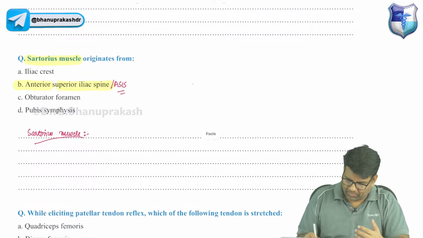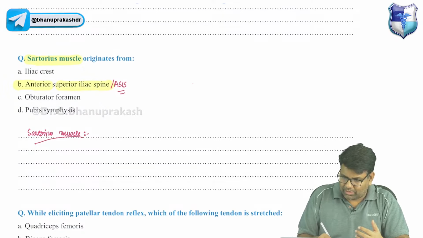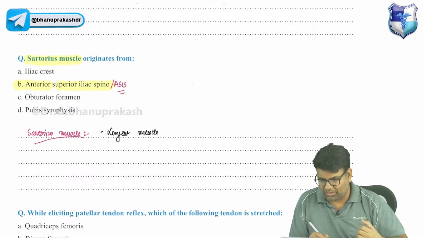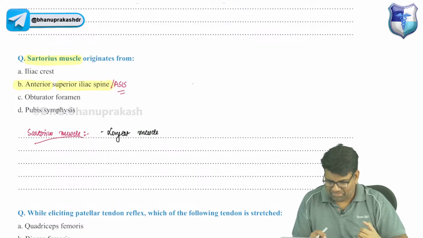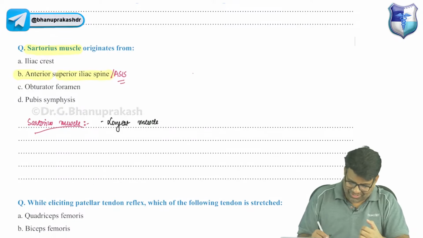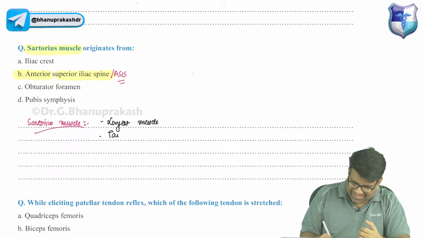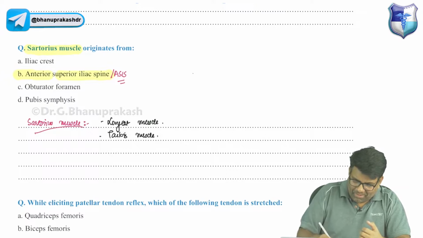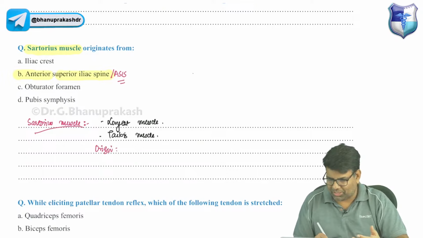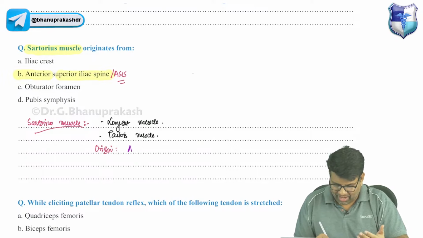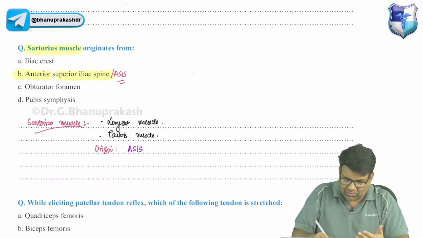Yes, anyone? It is the longest muscle in the body, right? One thing, it is the longest muscle. Taylor's muscle, very good. It is also known as the Taylor's muscle. And then origin, we already discussed in the question, the origin is the anterior superior iliac spine.